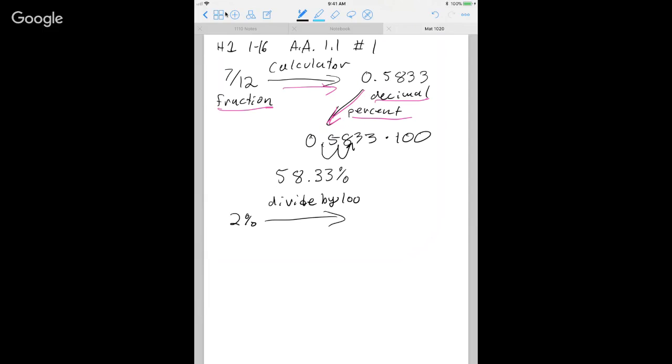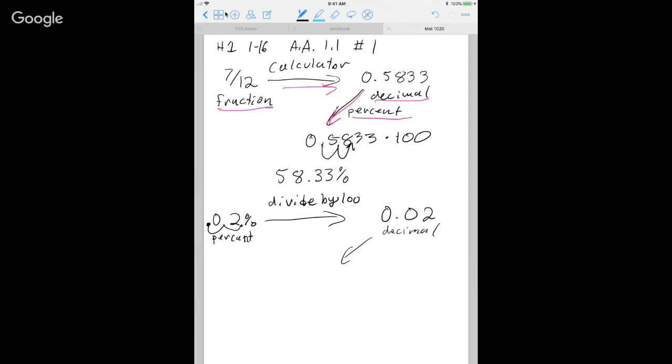So this is percent. And this gets us to a decimal where we divide by 100, or we move the decimal to the left 2 places, right? So here's a decimal. I'm going to add a 0, drop my decimal down there. And so over here in the decimal world, I write this as 0.02. So this is the decimal version.